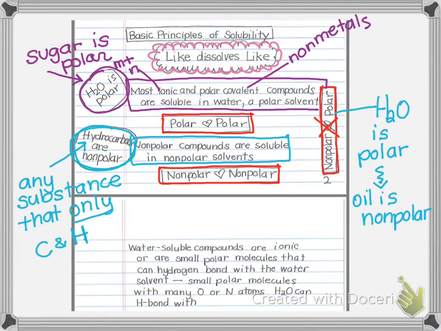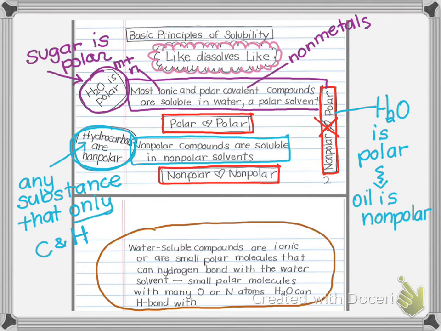Here's another thing about water that's important, especially when you're doing the homework. It's worth reading through, and we'll have an example that goes over it. Things that are water soluble, so it's talking about water, are ionic or small polar molecules that can hydrogen bond with water. Here's what you need to consider when you're looking at molecules.